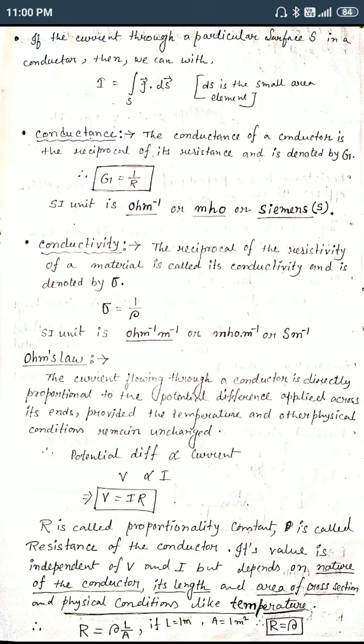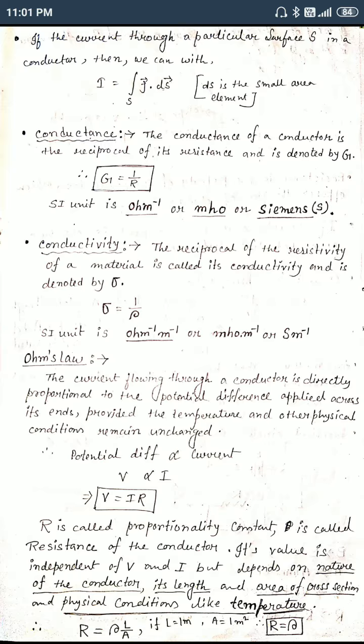If you do not write this last line, it is an incomplete statement. Ohm's law: the current flowing through a conductor is directly proportional to the potential difference across the two ends of a conductor, provided temperature and other physical conditions remain constant or unchanged.